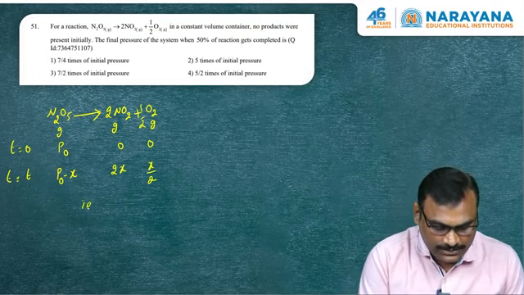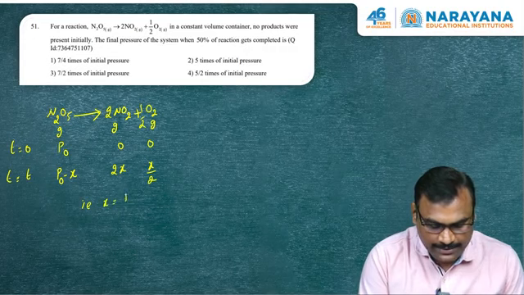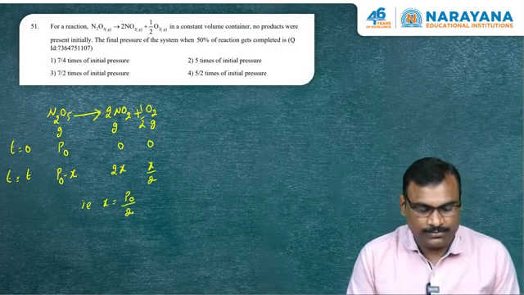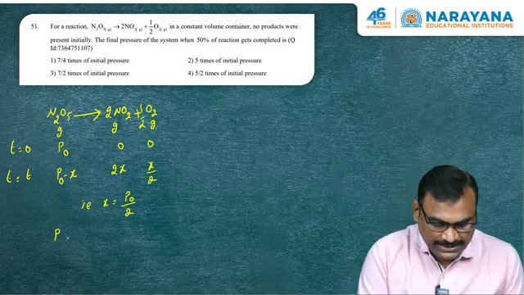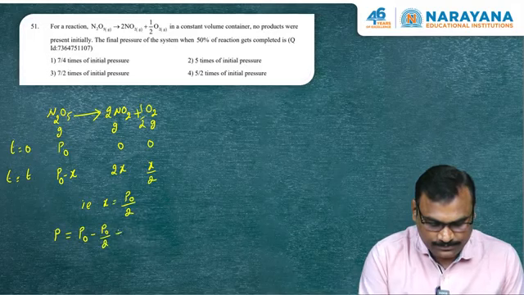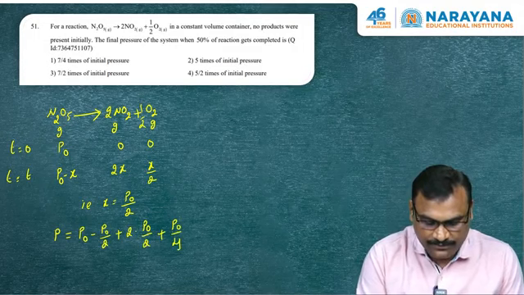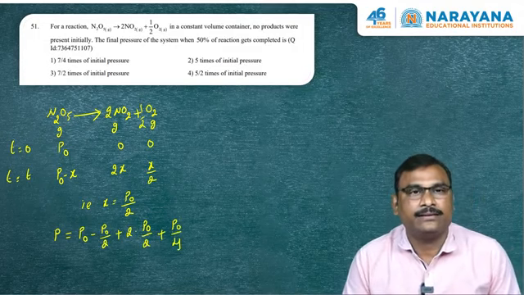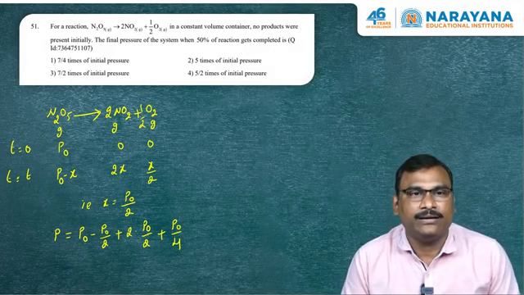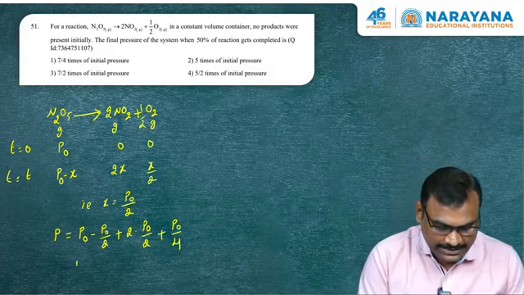Therefore, x should be P naught by 2. Now, pressure P is equal to P naught minus P naught by 2, plus 2 into P naught by 2, plus P naught by 4, is the total pressure after 50% of the reaction is completed.